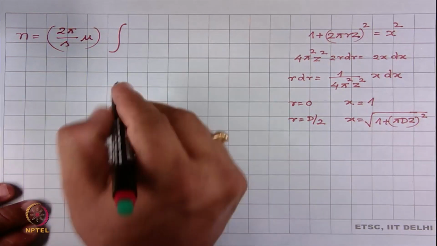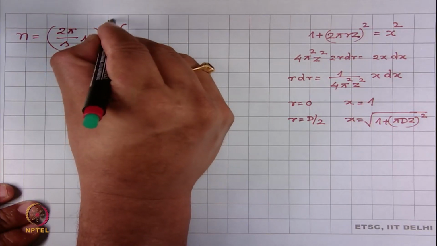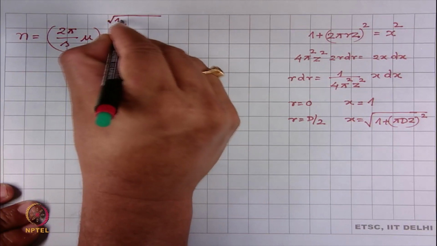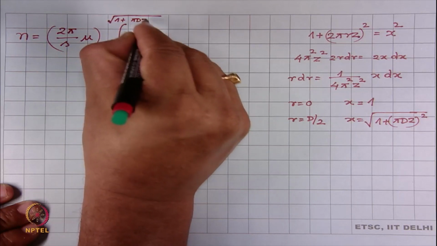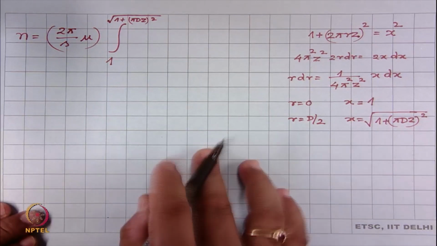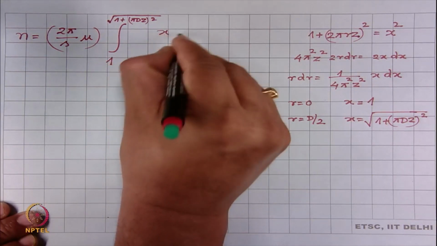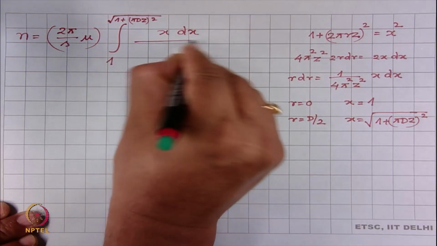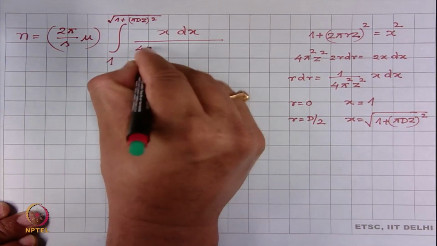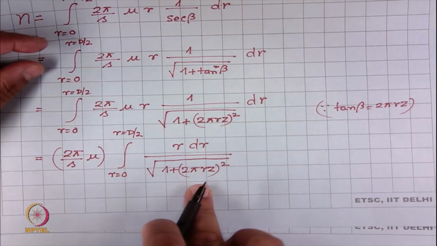So, now we substitute. x will go from 1 to the upper limit 1 plus pi dz square, and for r dr we write x dx by 4 pi square z square, and in the denominator was also x.